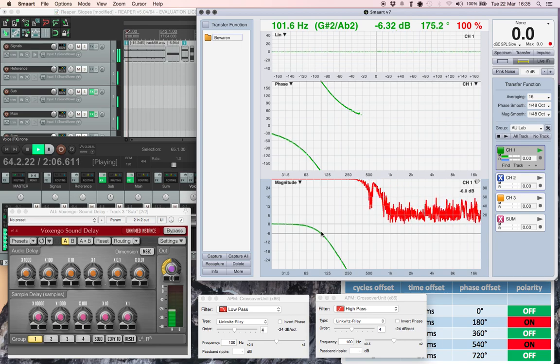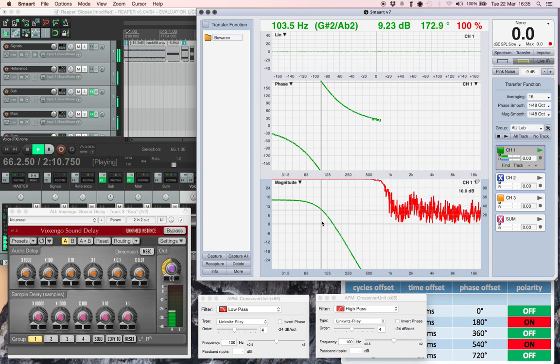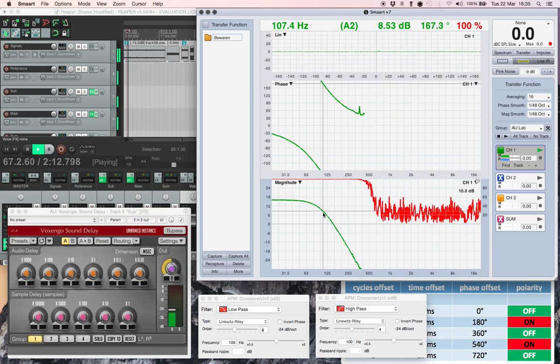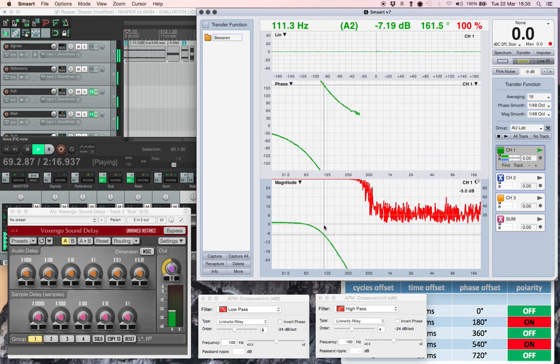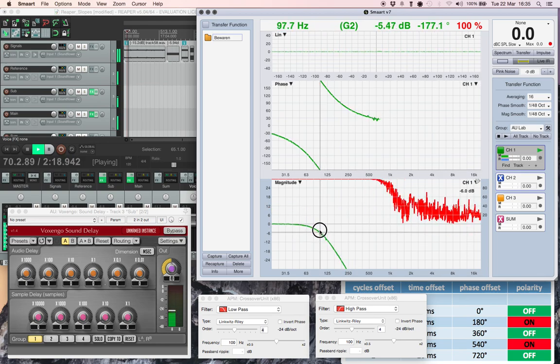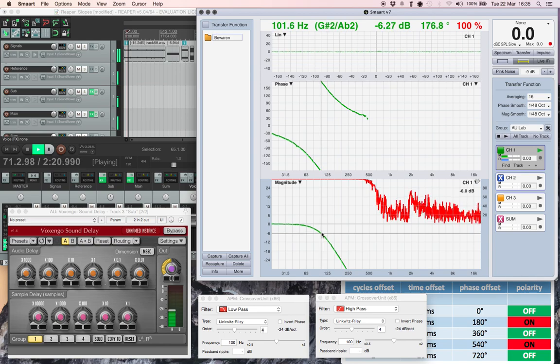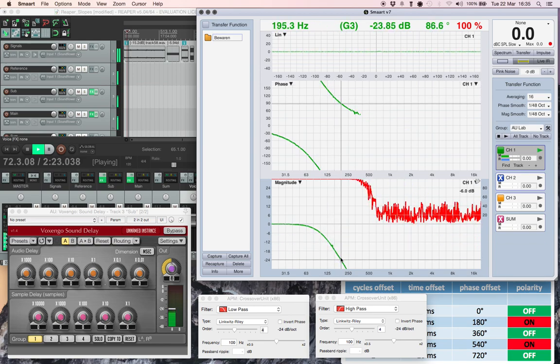And this is your typical 4th order Linkwitz-Riley low pass filter with a slope of 24 dB per octave. That means that when I go 1 octave up from 100 Hertz all the way to 200 Hertz, you can see at the crosshairs that we are at -24.